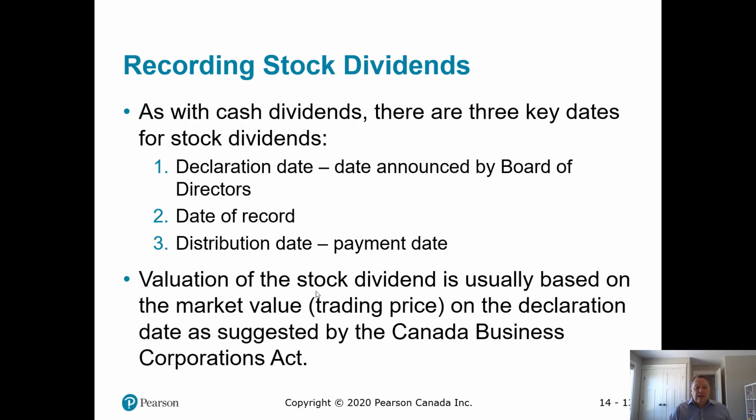And again, it's usually based on the market value on the declaration date. So if we declare a stock dividend on April the 30th, then it's the market value of the share on April the 30th. That's the key in determining the amount that we're going to record the stock dividend at.